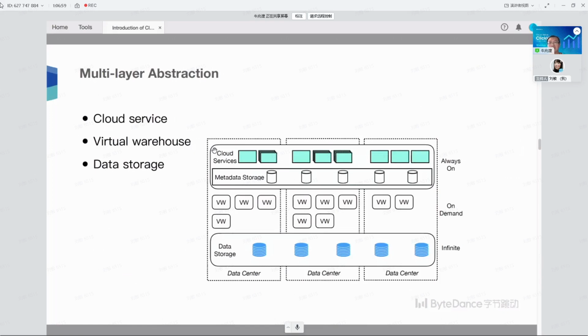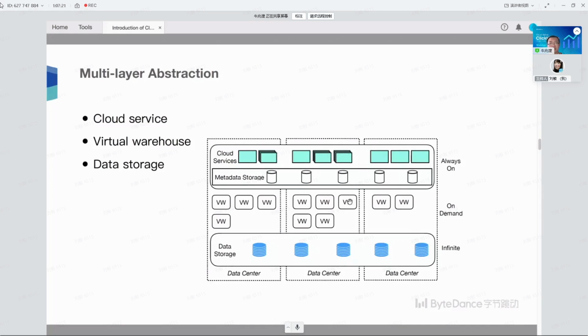And the second layer is the virtual warehouse layer. The virtual warehouse here actually just means our computing resources. You can imagine we have many Amazon EC2 instances here, something like that. This is the second layer, responsible for the computing.